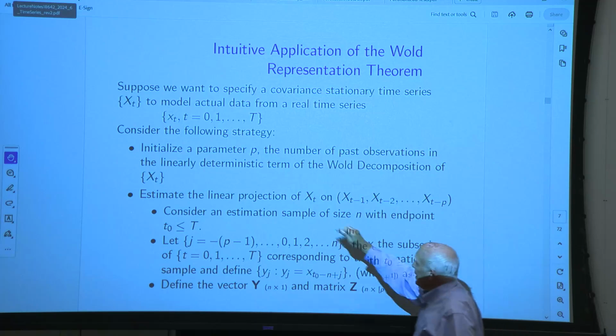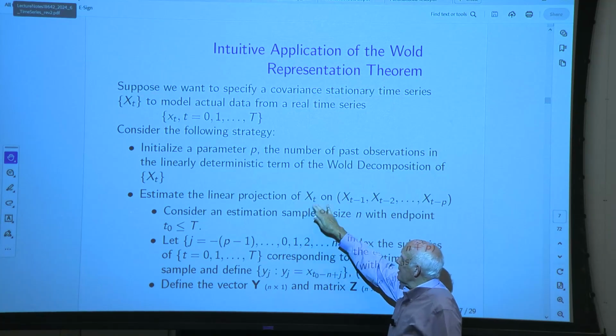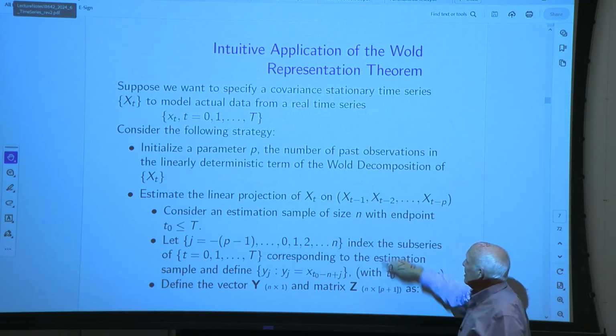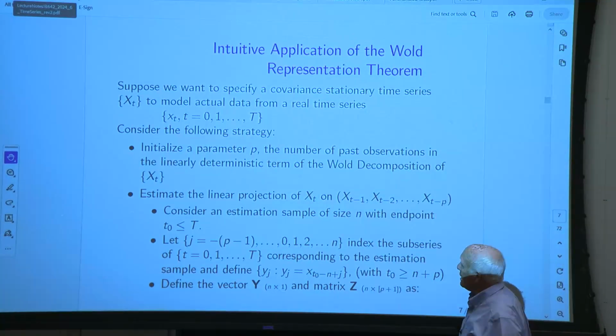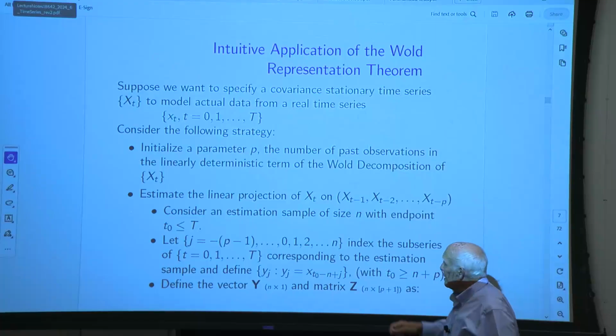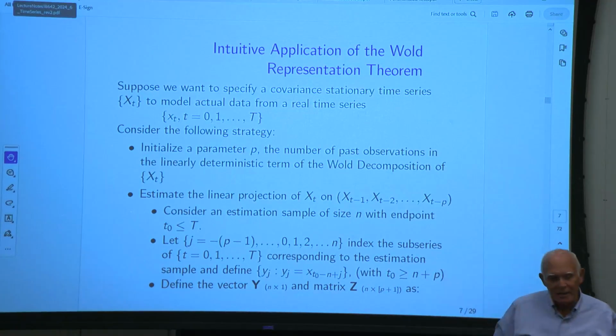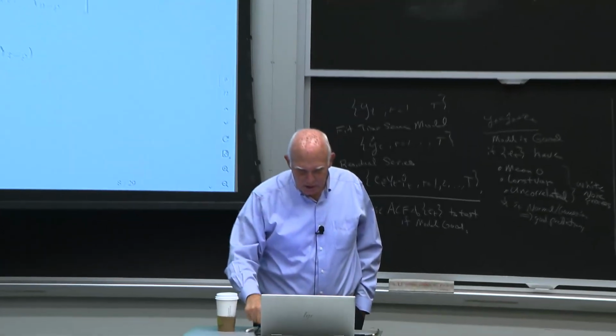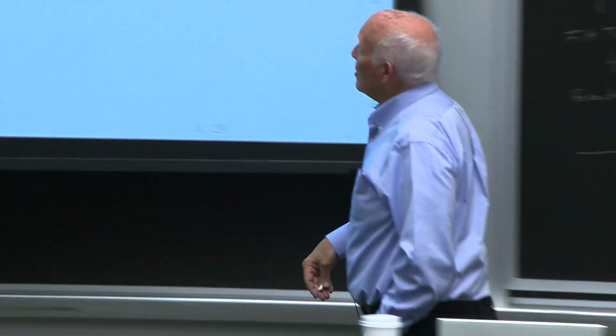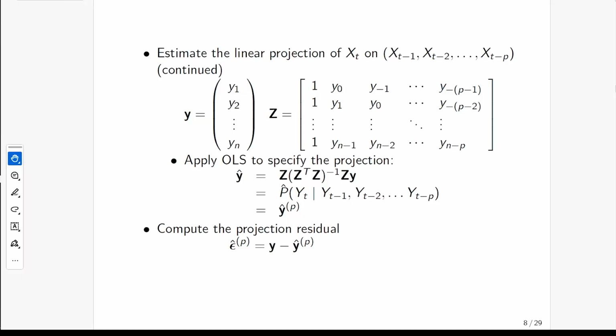And we can then project our time series xt onto the space spanned by the p lags, and then look at the errors about that projection. So here we can think of having the time series values y1 to yn, and we can project those onto the lags of the y values.